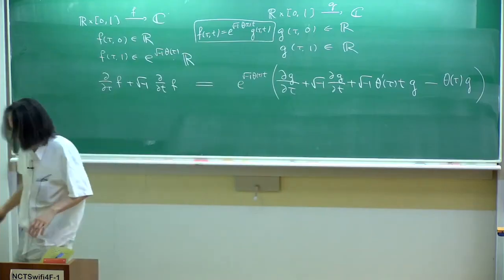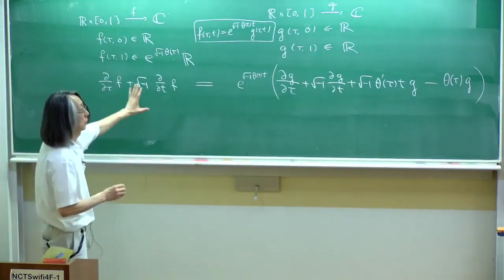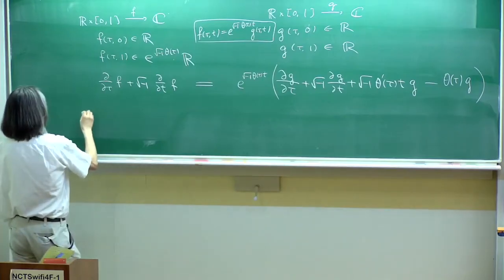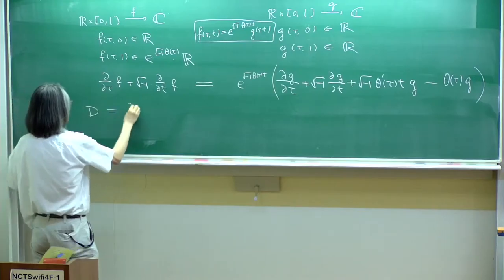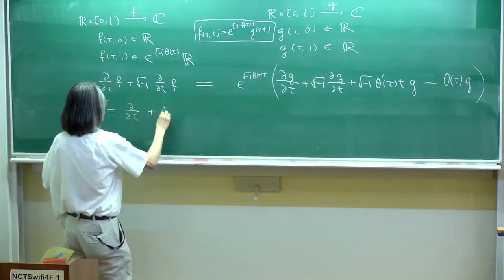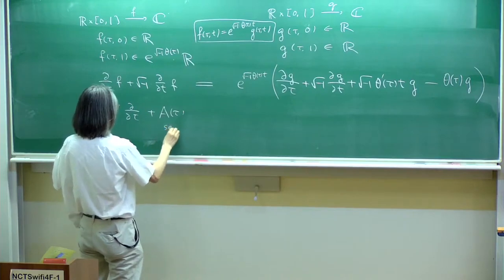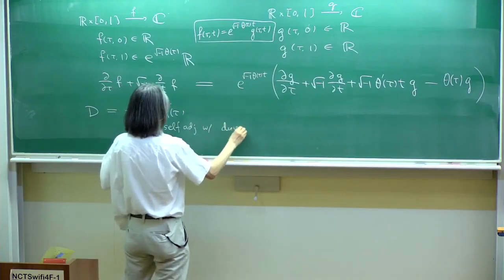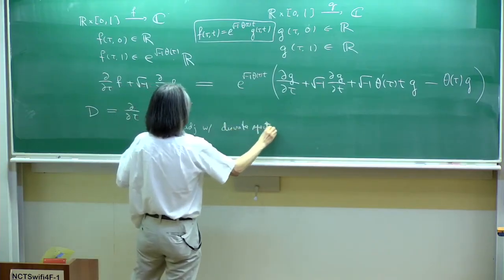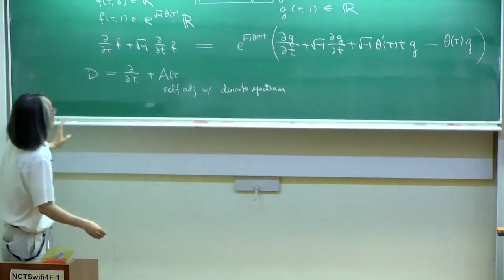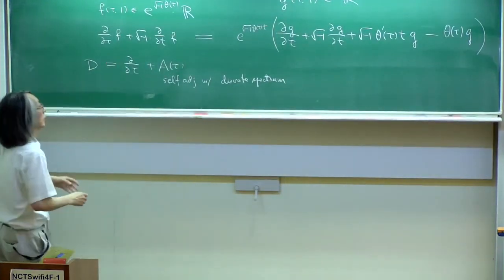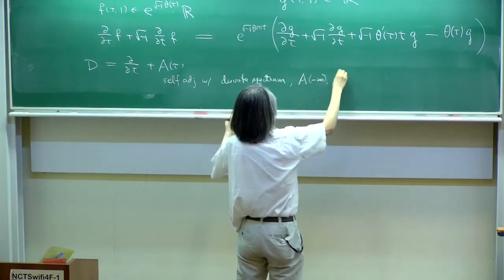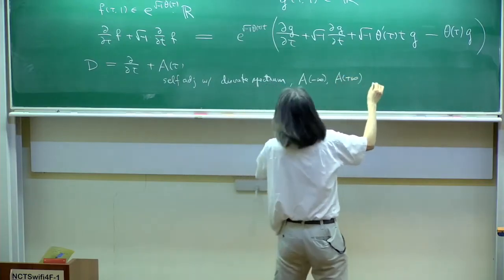And then to understand the spectral flow, if I consider an operator like D equal to d/d tau plus A of tau, this is a self-adjoint operator with, say, discrete spectrum. Then consider the index of this, and also assume that A of minus infinity and A of plus infinity are both invertible.